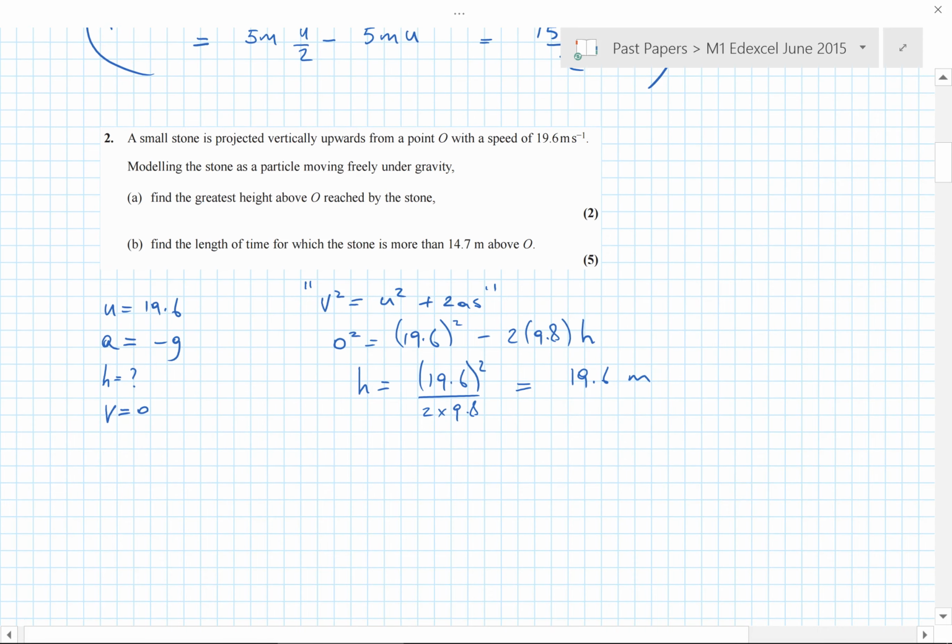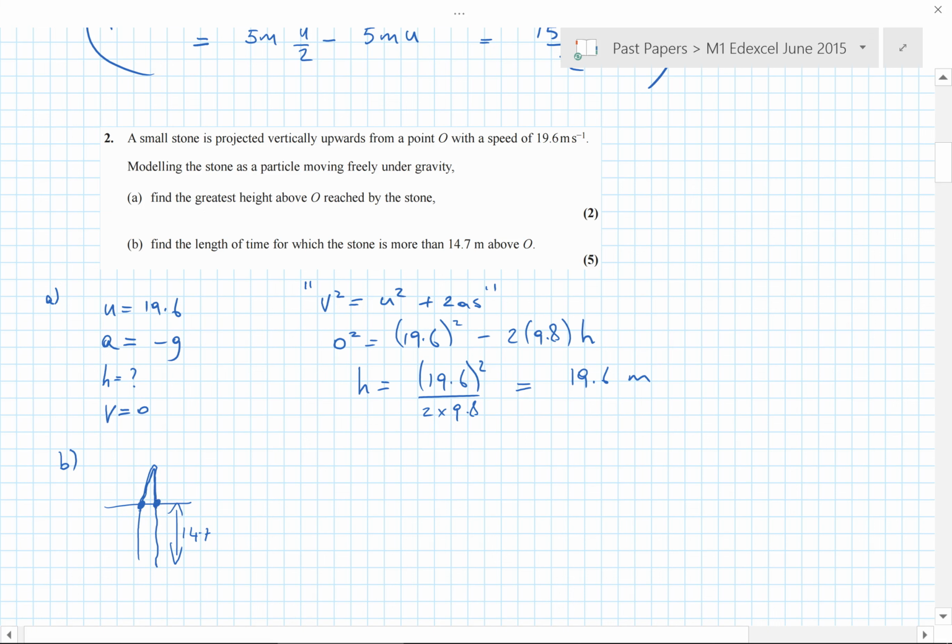Part B. It says the time that it's above 14.7 meters high. So what we're going to find is 2 times the time it takes to get from there back down again.